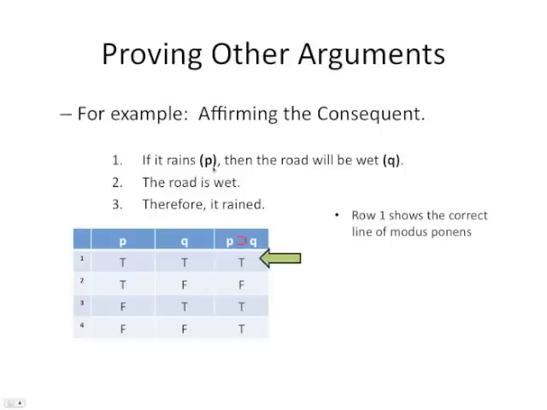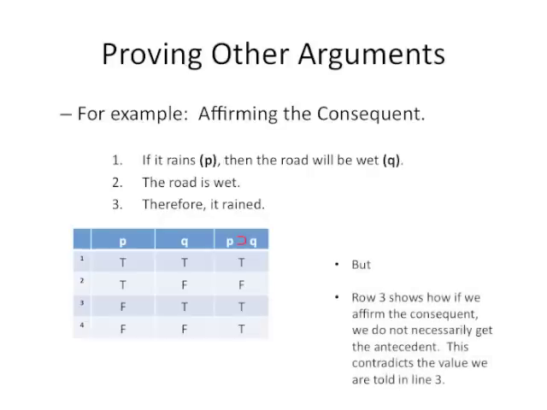And so where we actually see this illustrated as a fallacy, right, why my argument actually is wrong in this form, is if you look at row 3. Row 3 shows how if we affirm the consequent, right, we don't necessarily get the antecedent. Right? This contradicts the value that we're told in line 3. So line 3 says, therefore it rained, but row 3 says, yes, if P then Q is true, right? So if it rains, the road will be wet is a true statement.